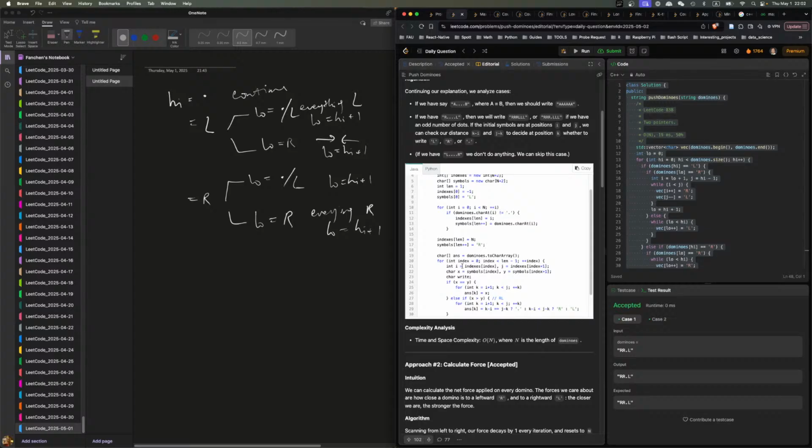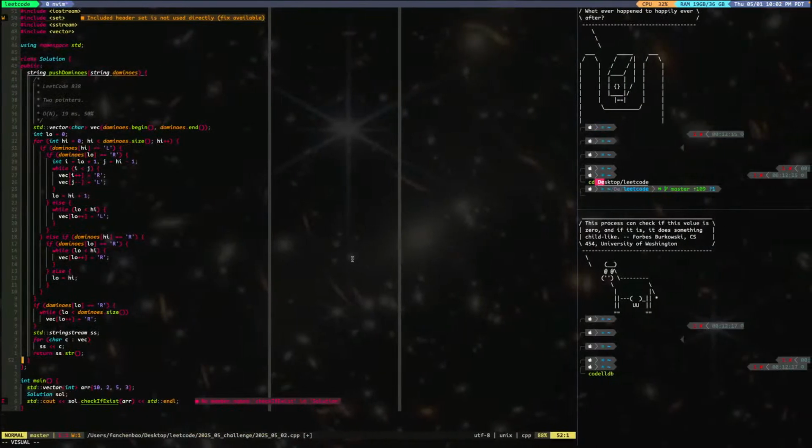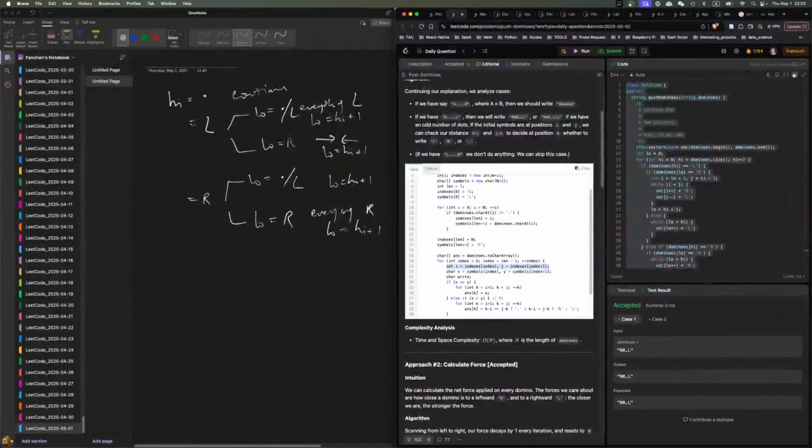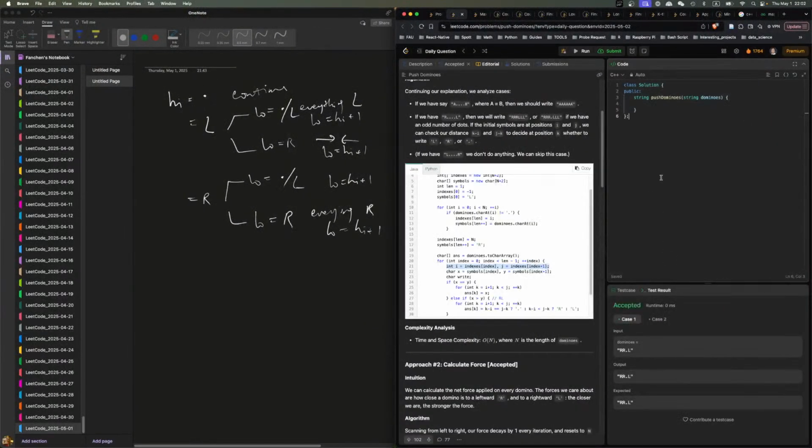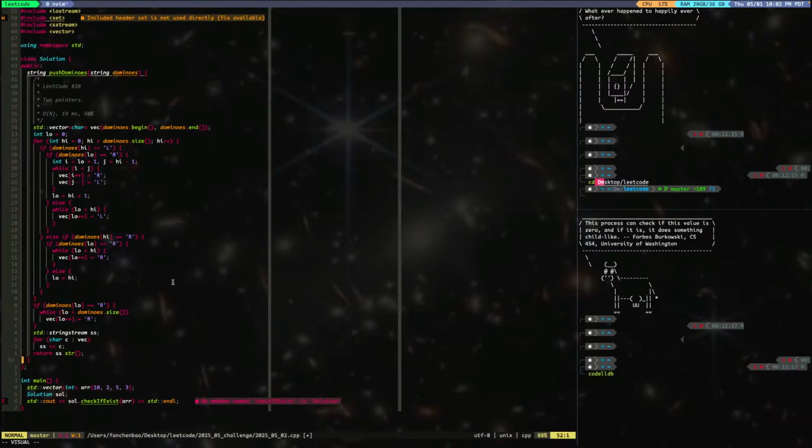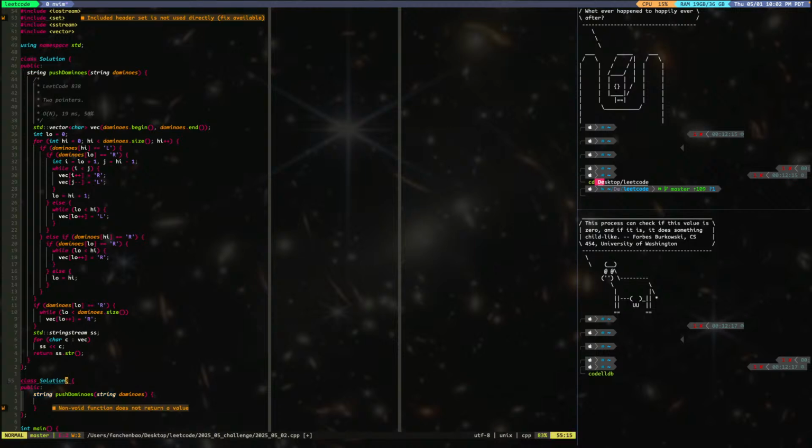Okay, I don't understand this part. What the hell is this? Like, I would do it differently. Let me try it. I think this is an interesting idea I'd like to explore.